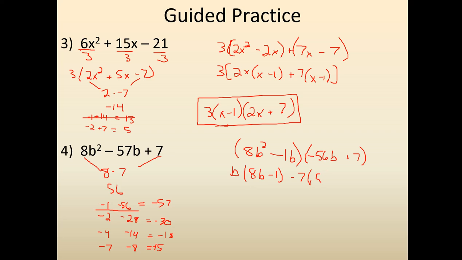I'll be left with an 8b over here and a negative 1 over here, because this will be negative 7 divided by b, and I'll be left with the 8b minus 1 that they both share and the b minus 7 on the other side.